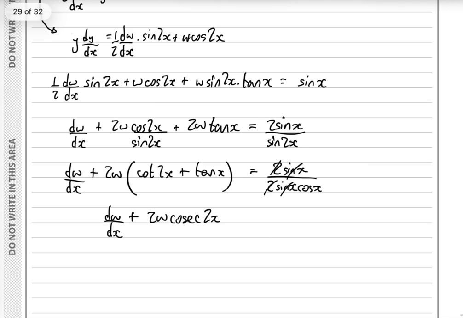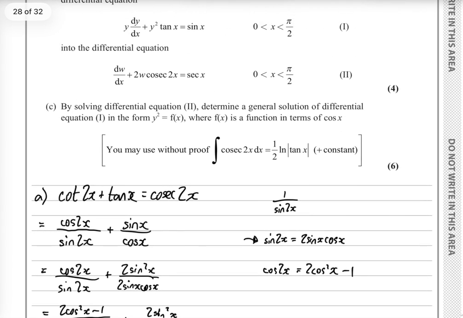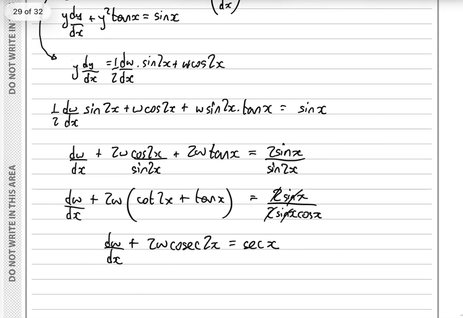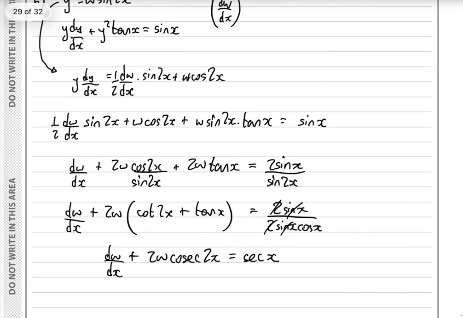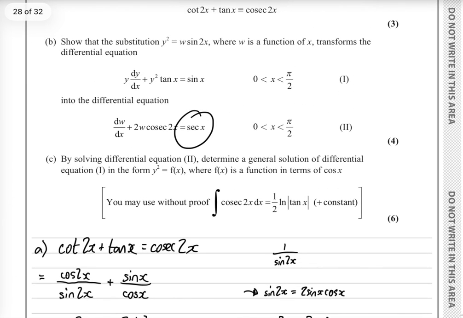And the right hand side is a secant x, is that right? Yes, there we go, secant x. So that is our second differential equation. And that's part B finished.